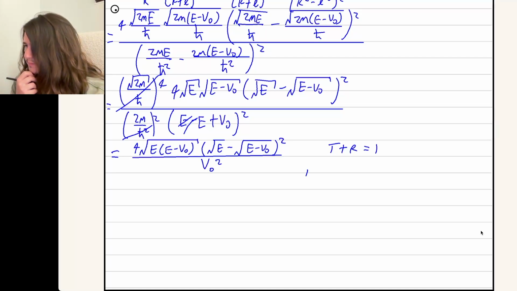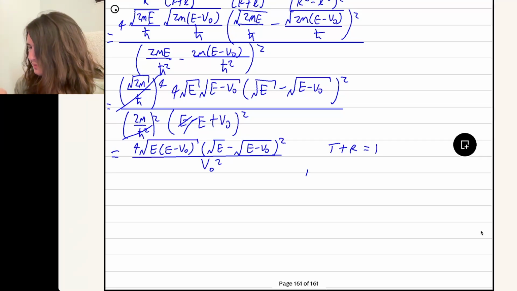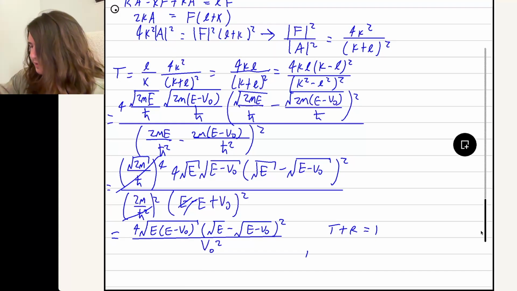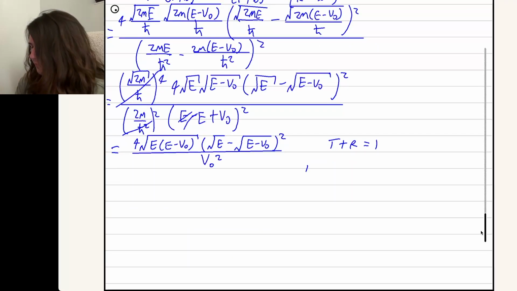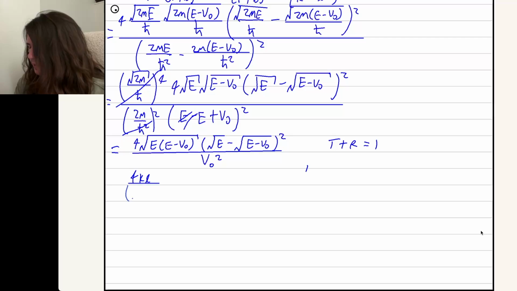But actually, let's not write it out. Let's just leave it in a simpler form that we derived earlier. Let's just do this form right here. So 4KL over L plus K all squared, right?